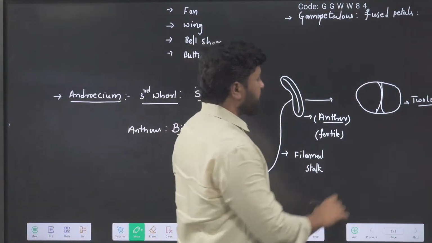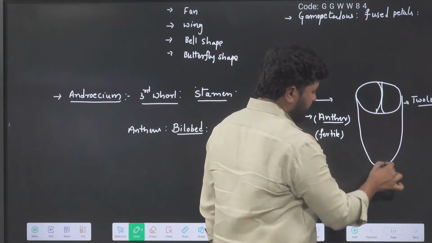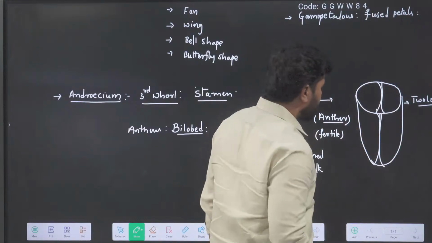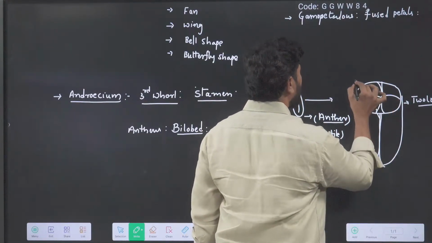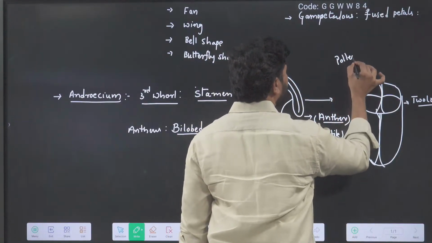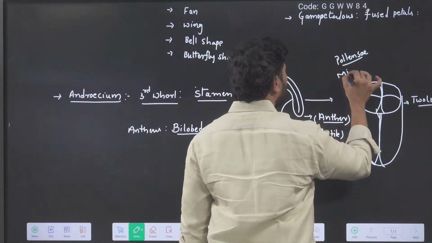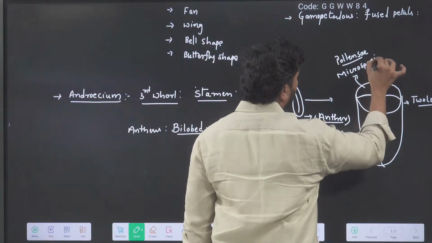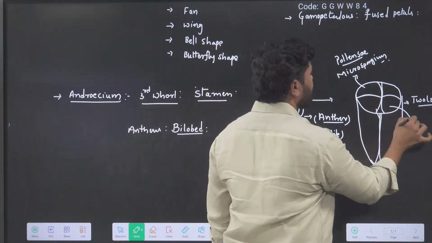Next one. Imagine this is the anther, with two lobes. In each lobe, there is a presence of chambers. Each chamber we call a pollen sac. Technically, it is also called microsporangium.